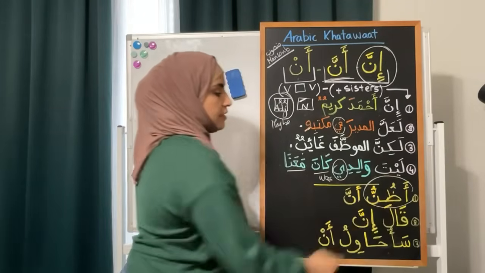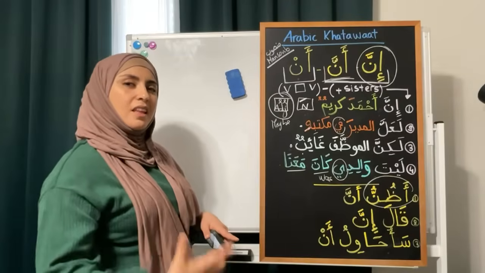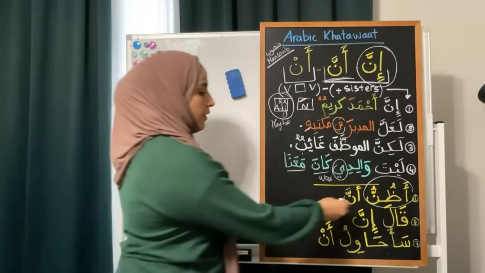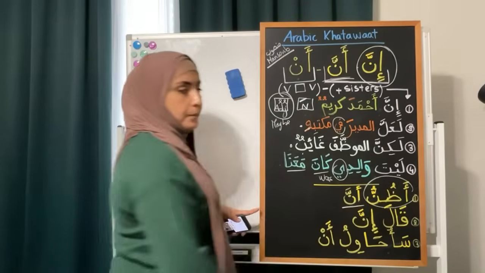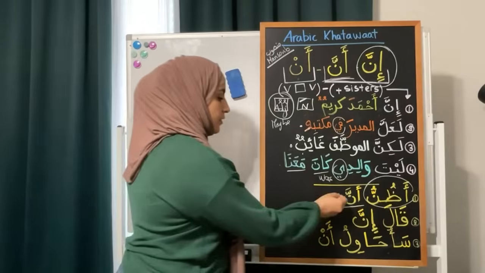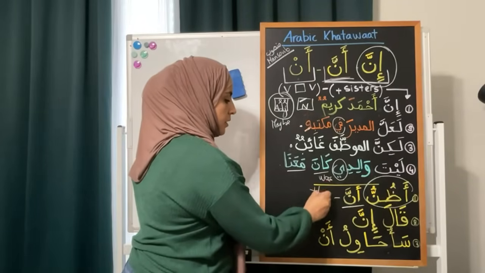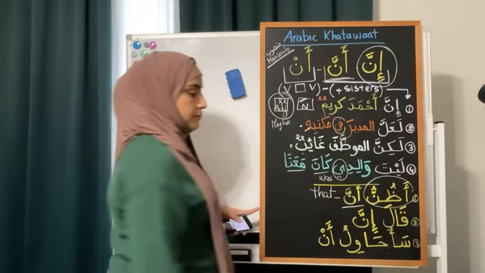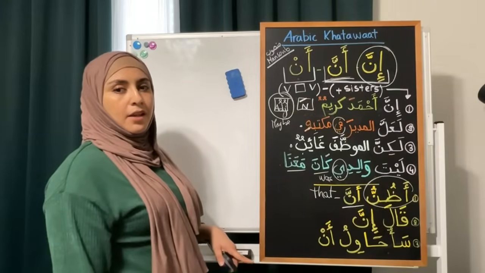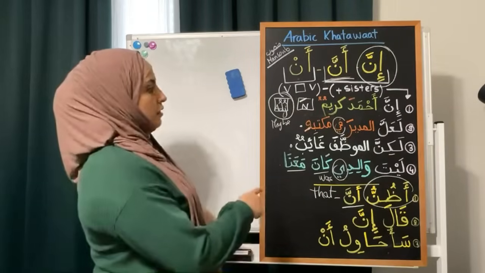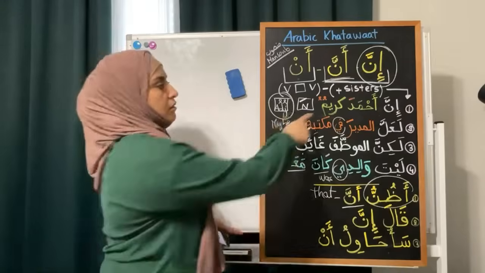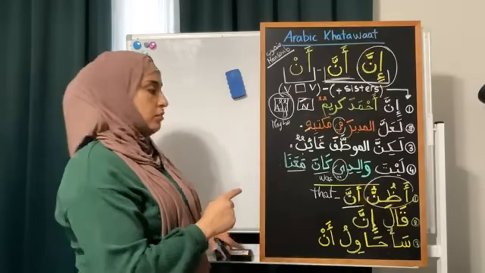Like over here, I say adonnu, I think, adonnu. And I have to say anna, I think that. So over here, anna means that. I think that Ahmed is generous.